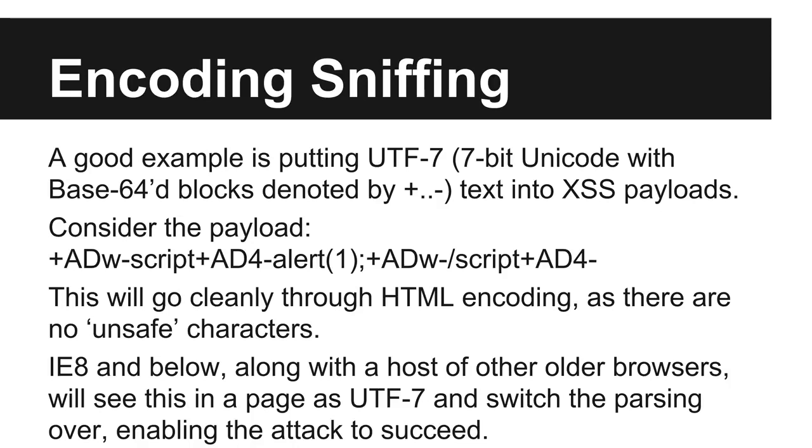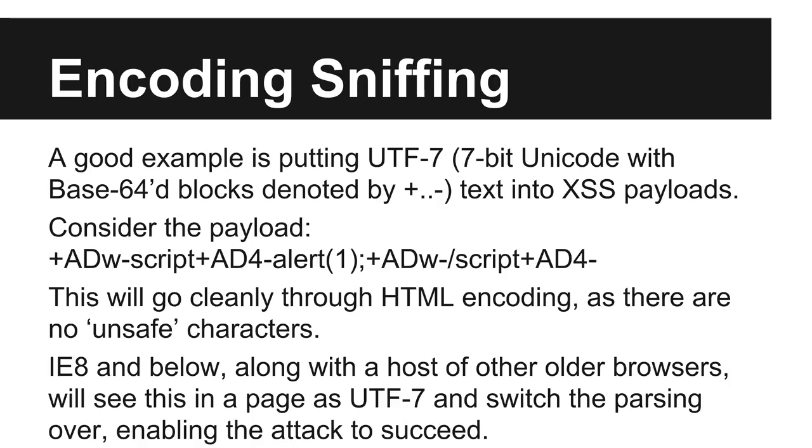I had a client that was trying to sanitize XML coming from untrusted sources, and they didn't take into account the fact that they could specify different XML encodings. So I started sending up UTF-32 and things like that, and it would go straight through the filters where they were trying to sanitize this XML. Similar case happens here, except that the encoding is automatically determined by the browser if you don't specify an encoding.